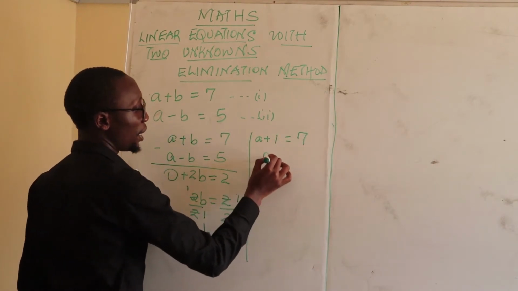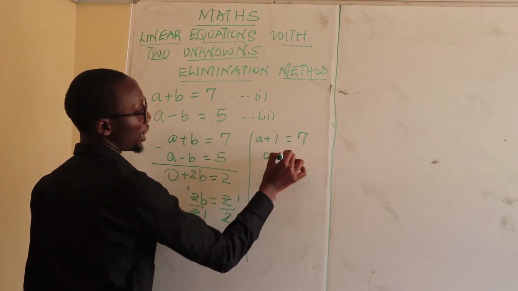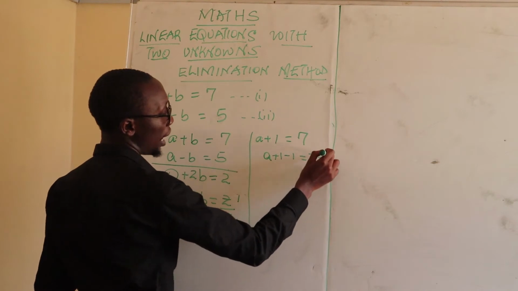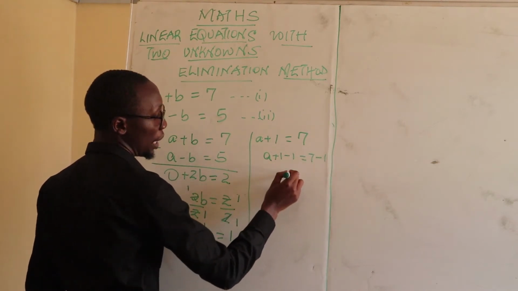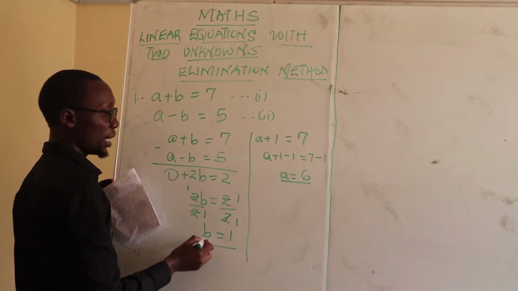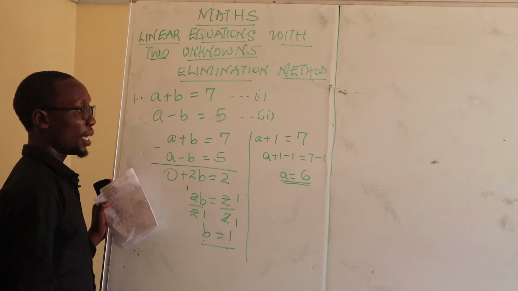To get the value of A, we take away 1 on both sides, since 1 has been added on this side. We shall have 7 minus 1, so A shall be equal to 6. So the value of B is 1 and the value of A is 6.